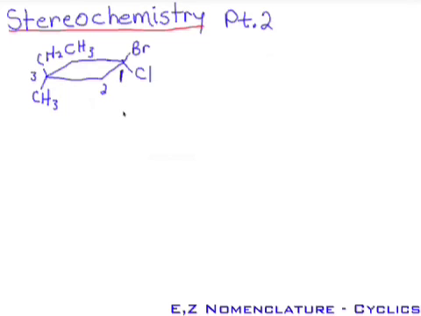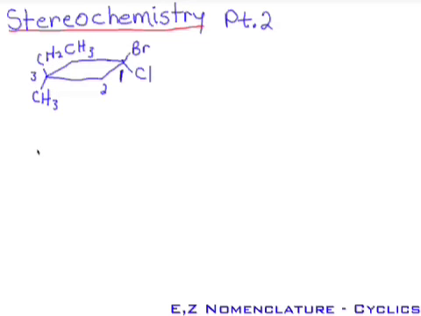1, 2, 3. And so it looks like for substituents we have a 1-bromo, a 1-chloro, a 3-methyl, and a 3-ethyl. Now, I order by alphabetizing. Bromo comes first, then chloro, the C, then the ethyl, then the methyl.